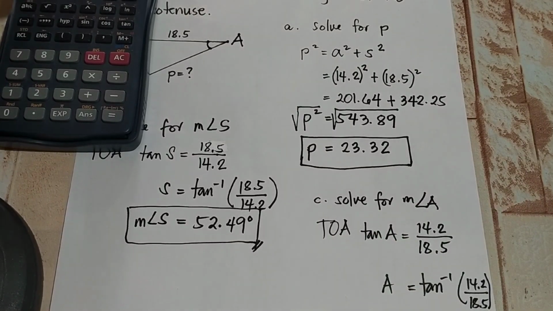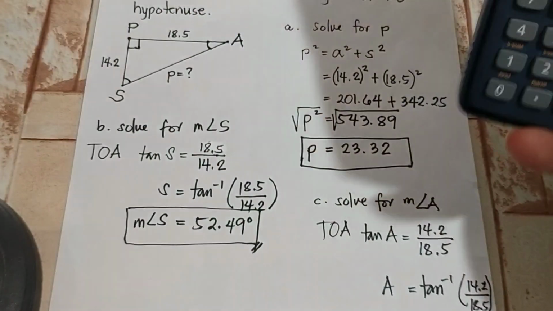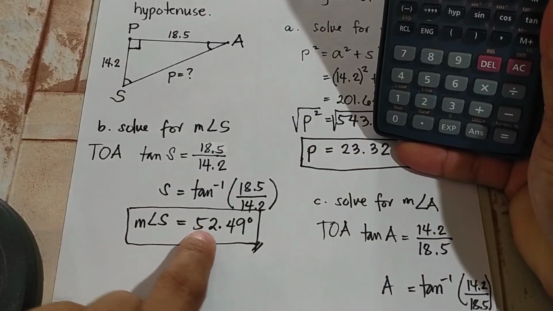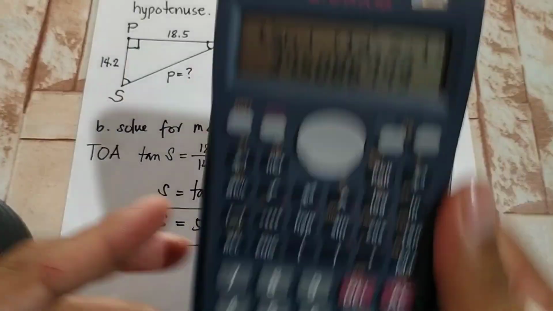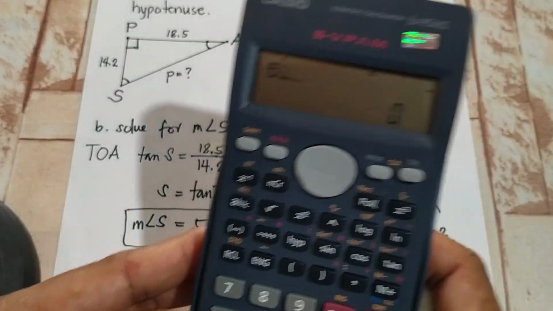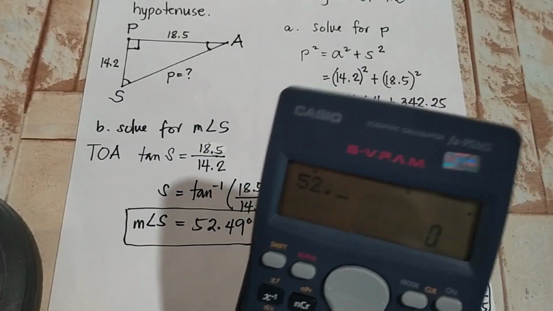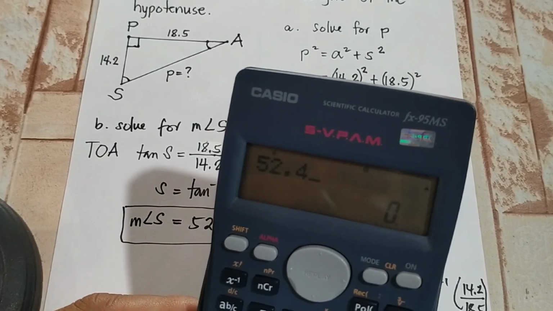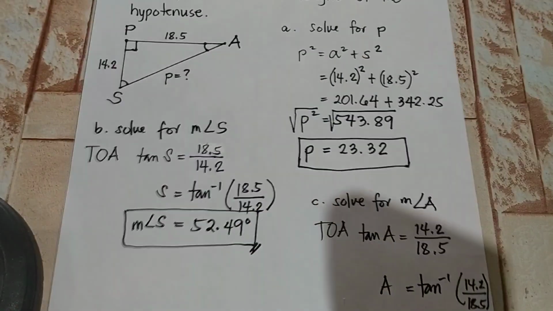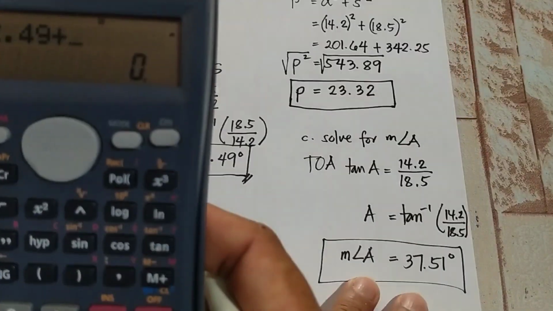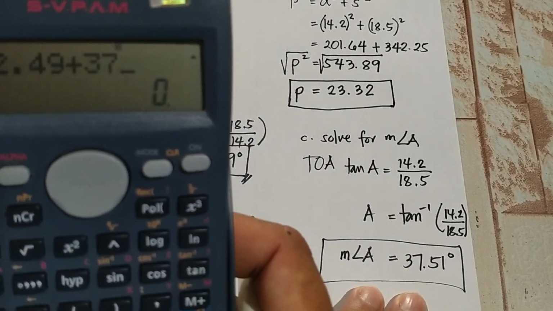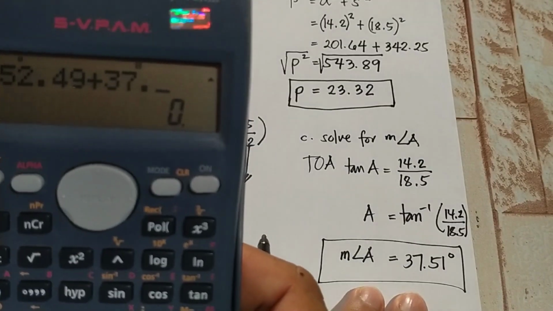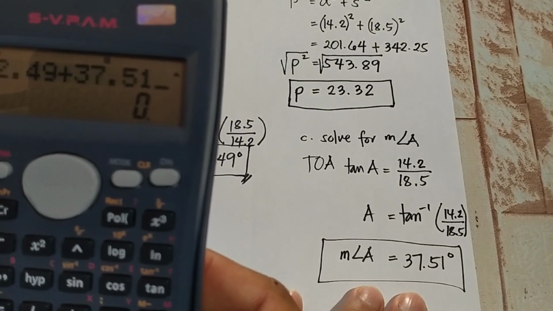To check once again if these two solutions are correct, make sure that these two add up to 90 degrees. So to check, we have 52.49 plus 37.51.